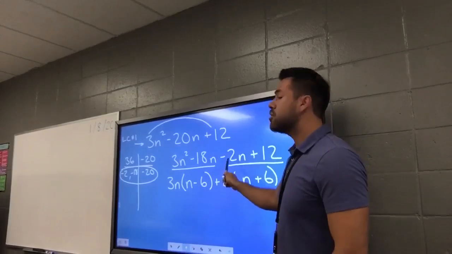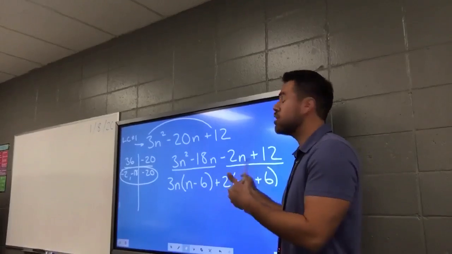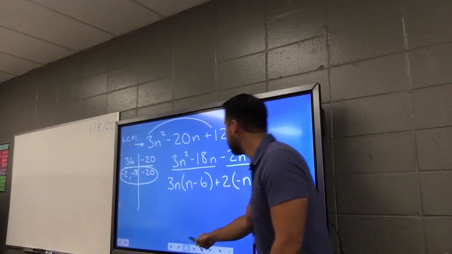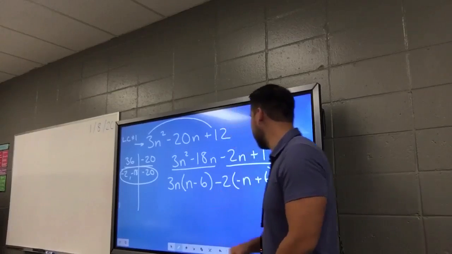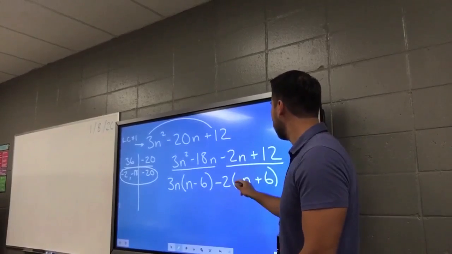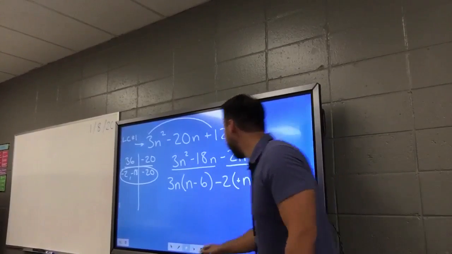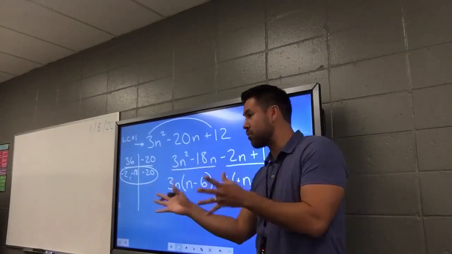Okay, if you took out the GCF, remember one's negative, one's positive. You should take out a positive, right? But this is what you're left with. But if you took out a negative 2, this becomes positive, and what happens to that? It becomes negative. Now it works. That's what I got. Some of you got it first time, great.